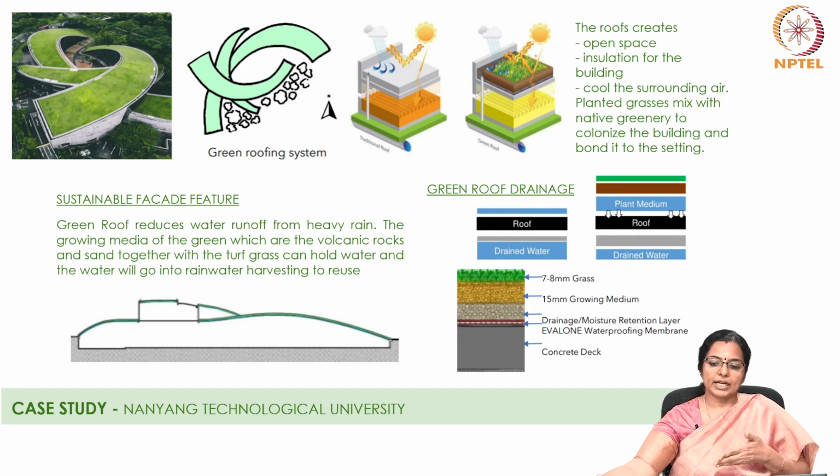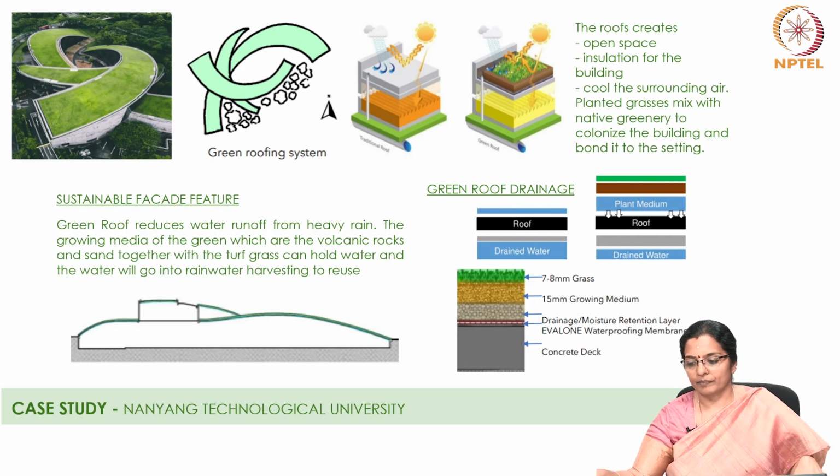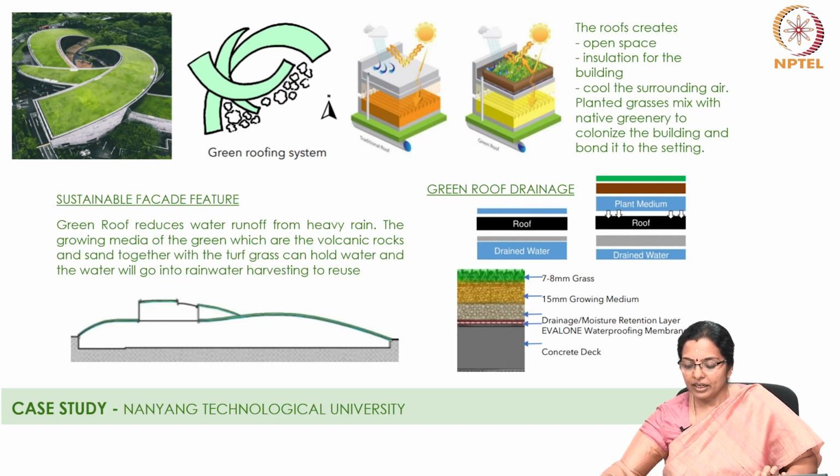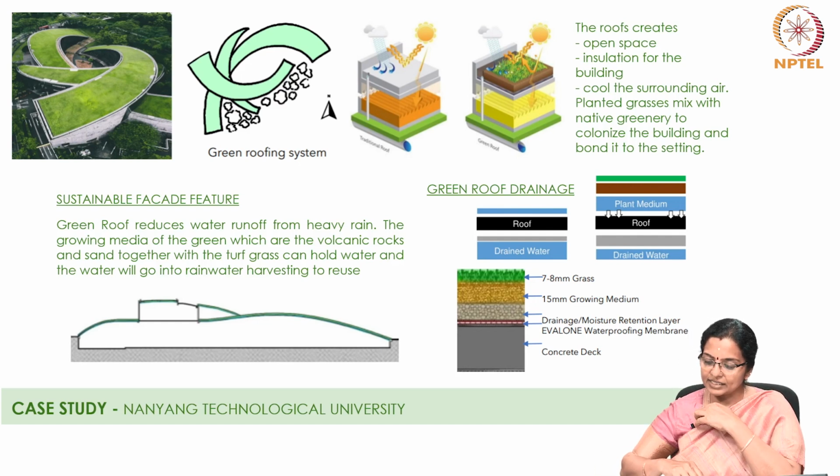The roofs create open spaces, insulation for the building, and cool the surrounding air. Planted grasses are mixed with native species to colonize the building and bond it into the setting. The green roof has a drainage system as such.